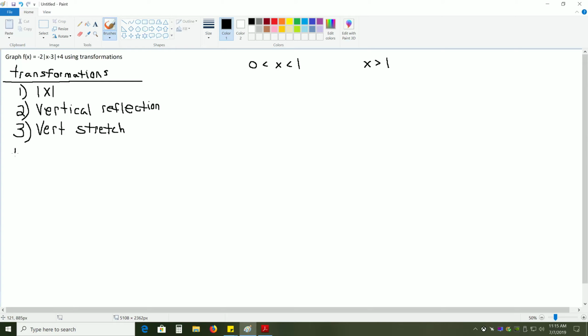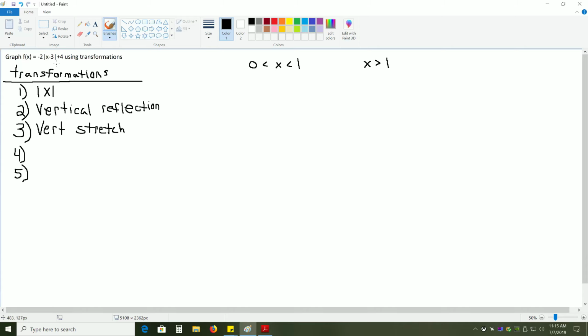And now from here, the next 2 steps can go in either order, and it's the addition and subtraction that are within the function and on the outside of it. So we'll just start left to right. We have this -3 inside of our absolute value.